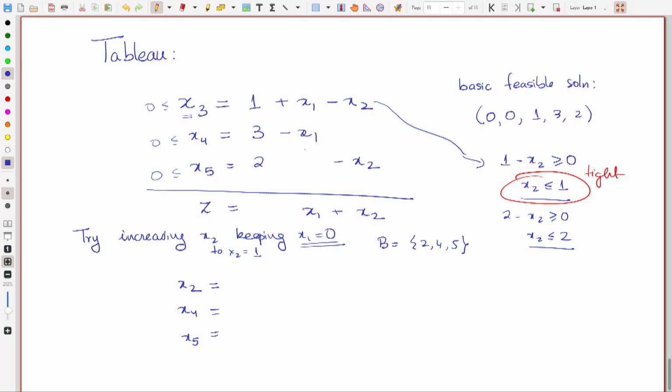The second constraint doesn't say anything; you can increase x2 as much as you like. The third one says you can increase x2 up to 2. But all these constraints have to be satisfied. So I will increase x2 only up to 1. But then x3 becomes 0. Hence, I would say x3 leaves, x2 enters. The variable that became 0 can go.